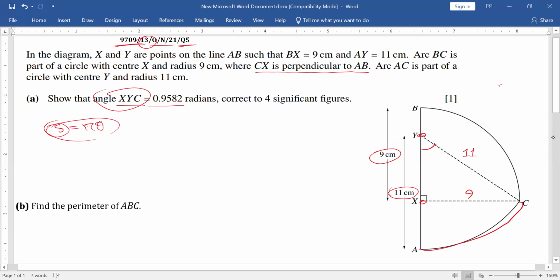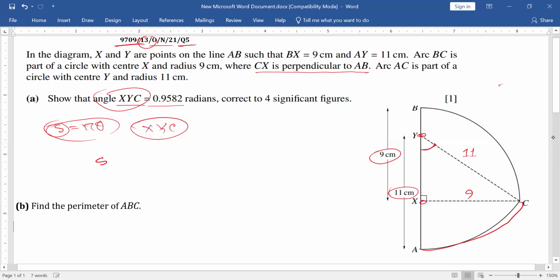Look, in triangle XYC, this is a right triangle, so we can use SOHCAHTOA. XC is 9 centimeters and YC is the hypotenuse, and XC is the opposite side of our concerning angle. So obviously we use sine theta, because opposite and hypotenuse are given.